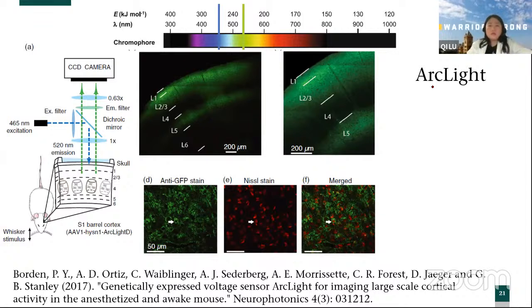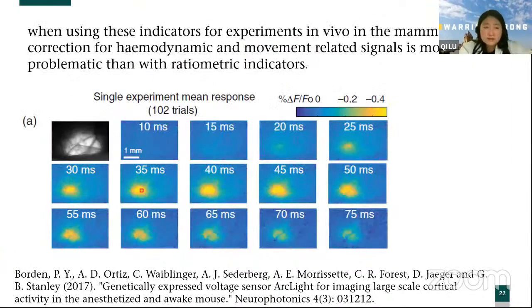Okay, so another is the single fluorescent protein that's not used for FRET. One example is the Arclight. It expresses fluorescent protein in level 1 and level 5. I guess maybe level 1 is a dendrite process, though we cannot say that very clearly.